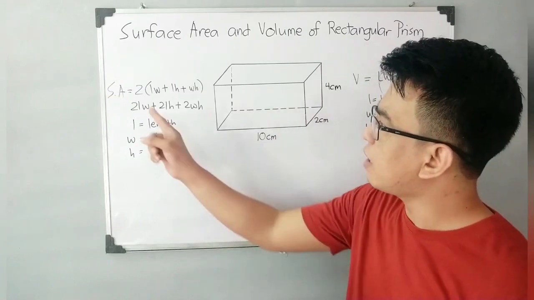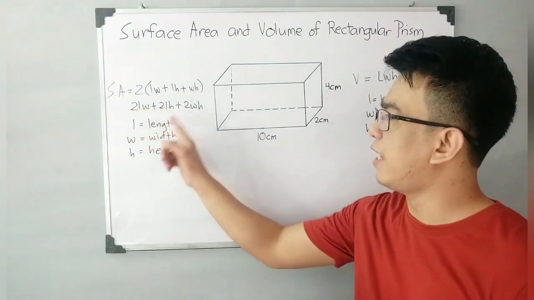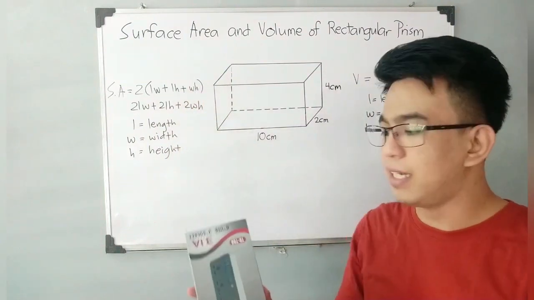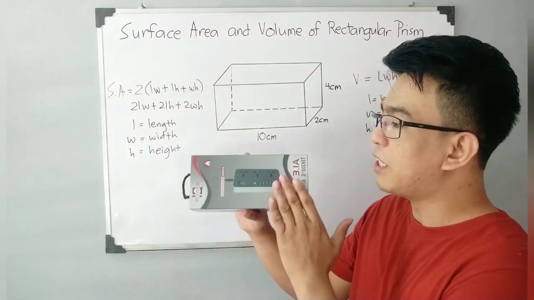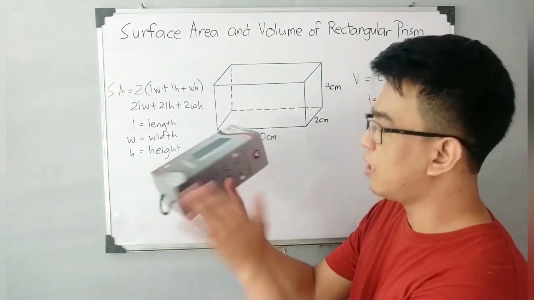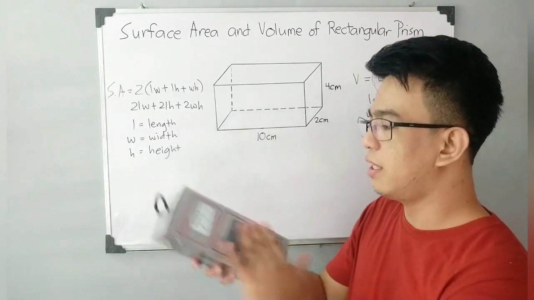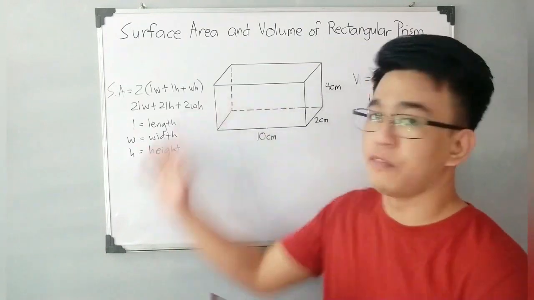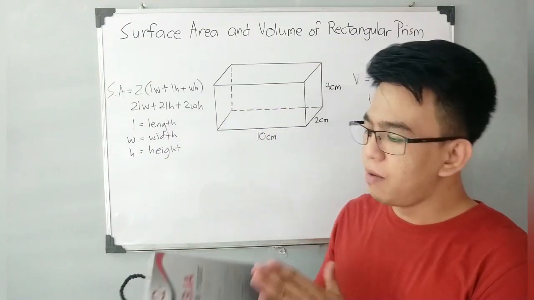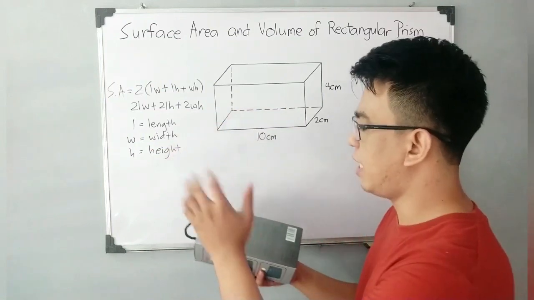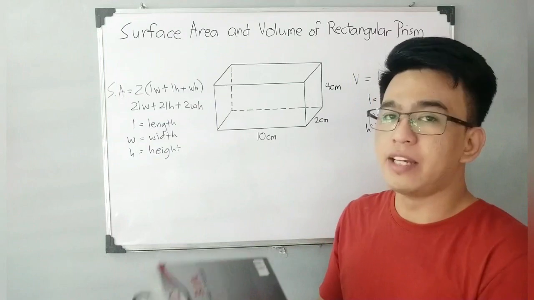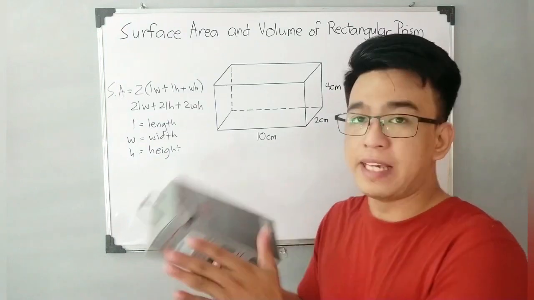So yung formula natin, 2LW plus 2LH plus 2WH is the same as calculating for the area of this face, this one, this one, this one, this one, and this one. At kapag inadd natin sila, yun yung magiging surface area natin. Again, ang nangyayari lang para surface area is that ina-add natin lahat ng area ng kanyang faces.